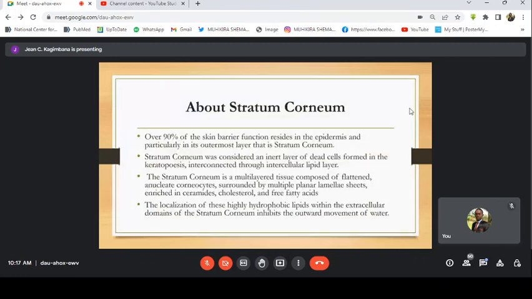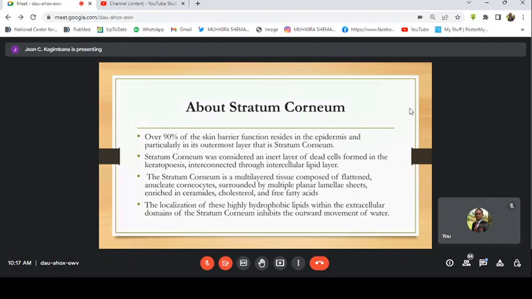Over 90% of the skin barrier function resides in the epidermis, of course, which is specialized in protection.